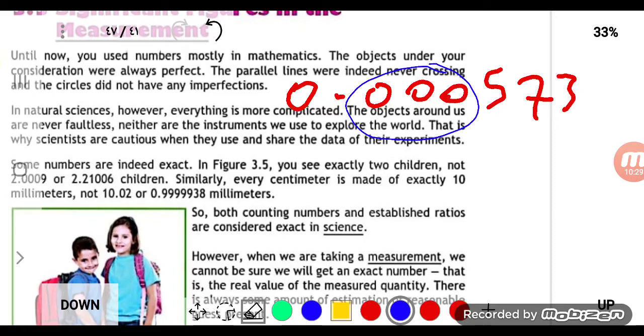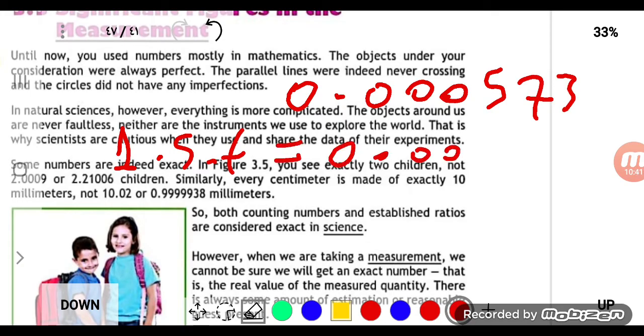The first significant figure is 5. So if I want to write this number correct to one significant figure, it will be 0.000. I stop at 5. This is the first significant figure. It becomes 6. Like this. So now I have written it correct to one significant figure.